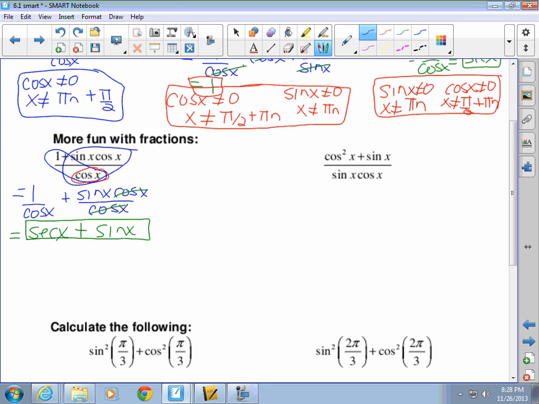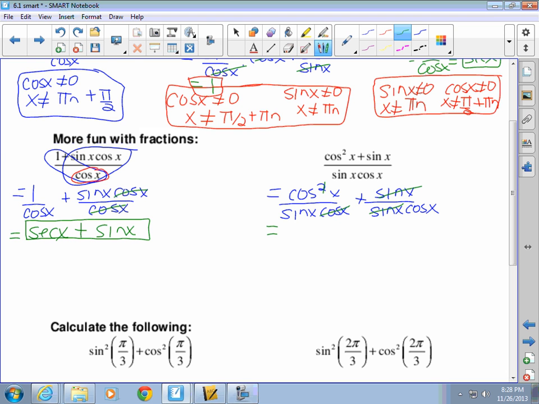So same thing, I have to write them each as their own part instead of all together under one denominator. So cos squared x plus sine x over sine x cos x. So now I can reduce. My cos x will take away one of those cos x's. My sine x and my sine x will cancel.